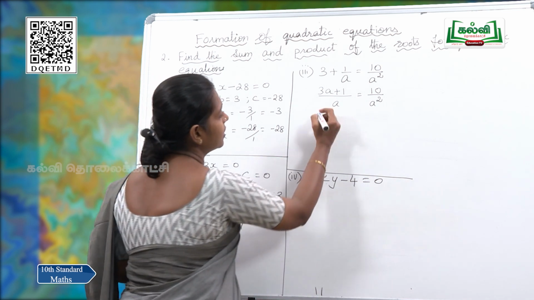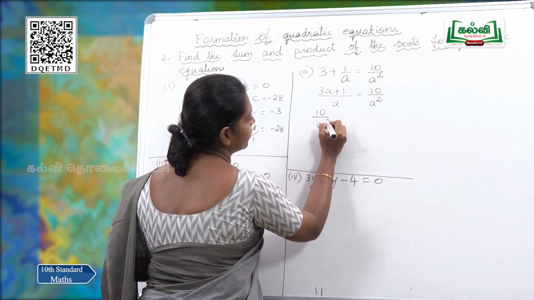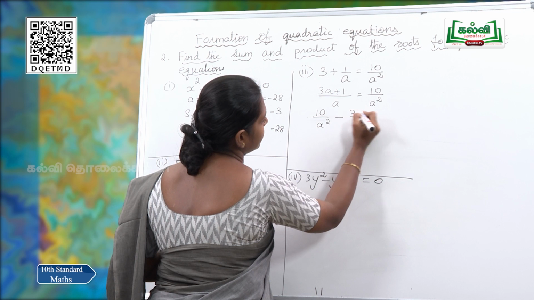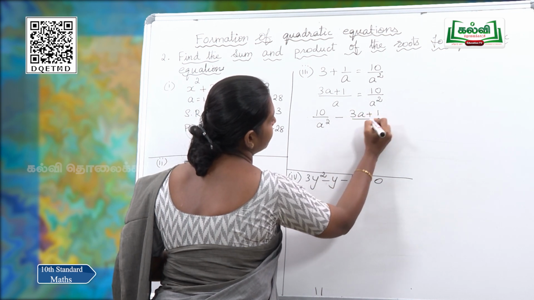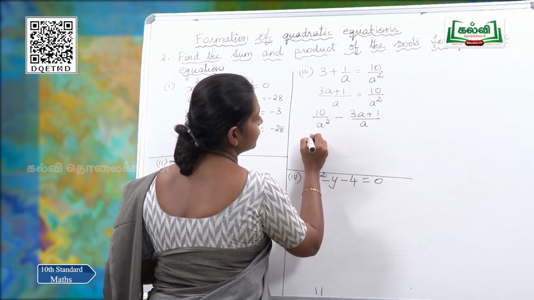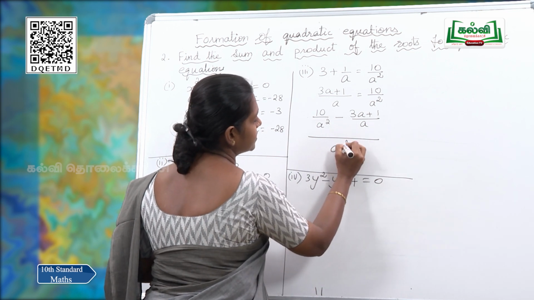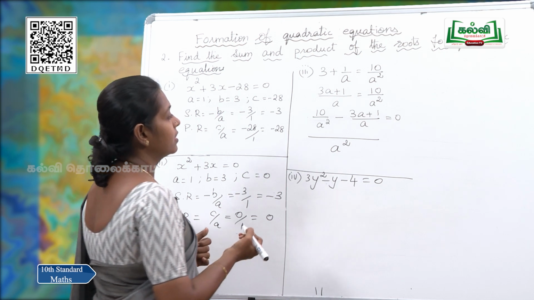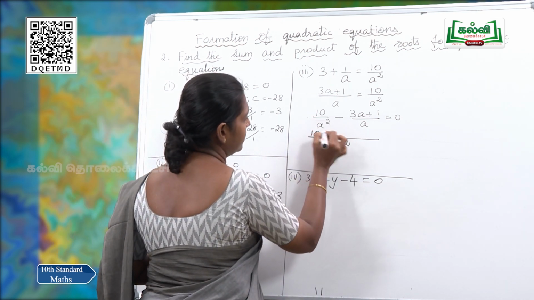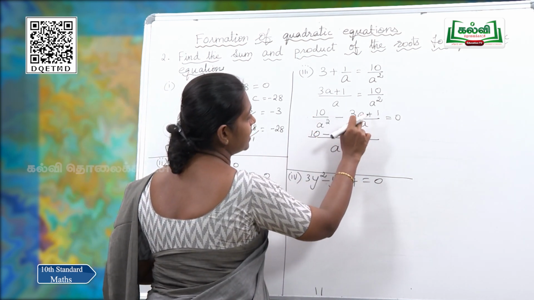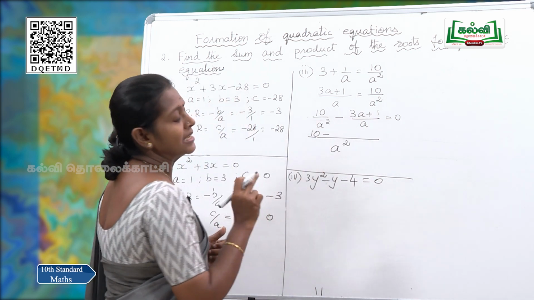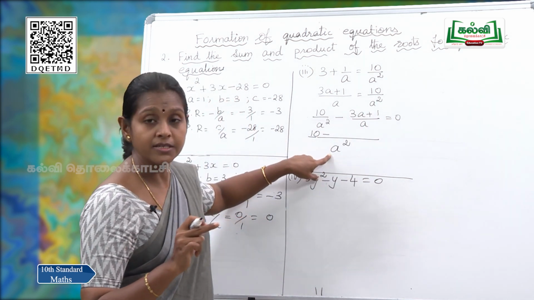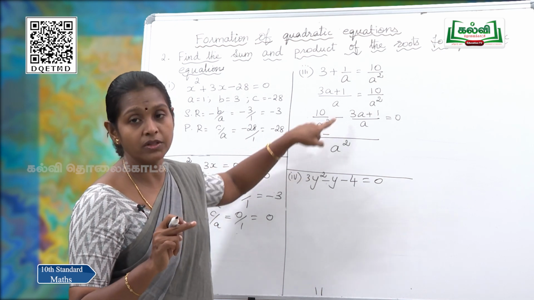So it will be 10 by A squared minus of 3A plus 1 by A. Now take LCM for this, A squared, which is equal to 0. Do not forget to write 0. So 10 minus 3A. See, this denominator is A, but here it is A squared. That is why we have to multiply one A with this term.